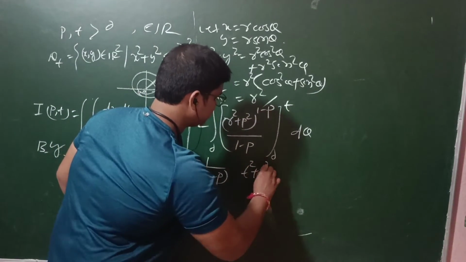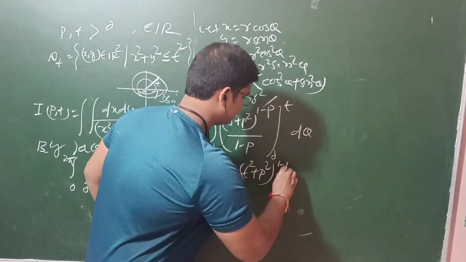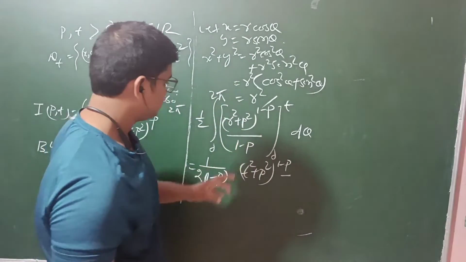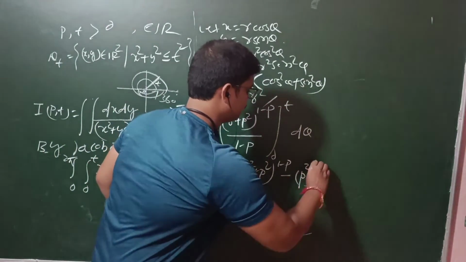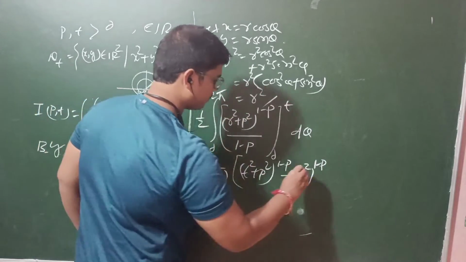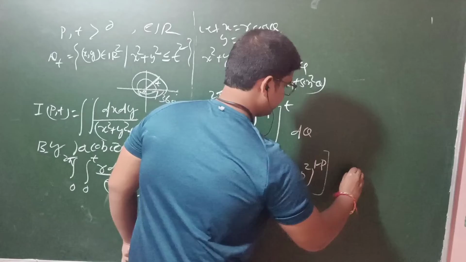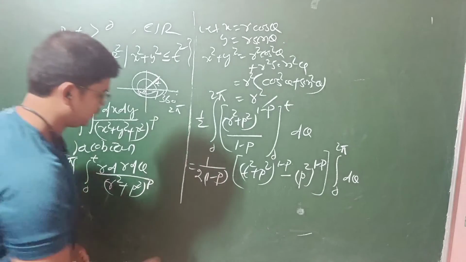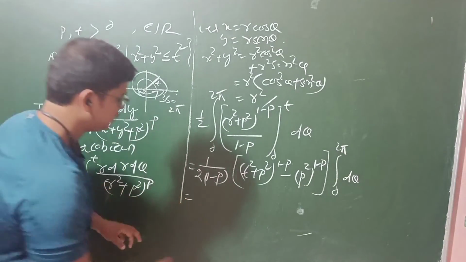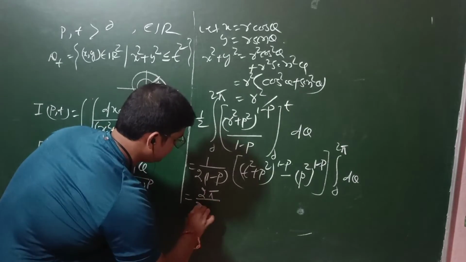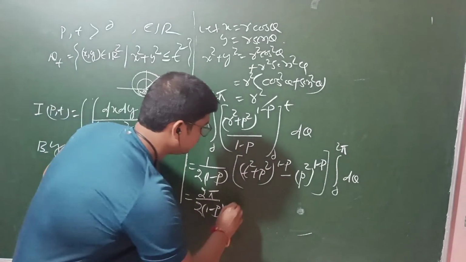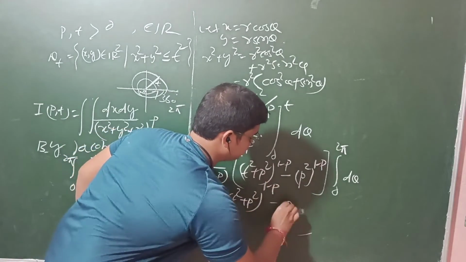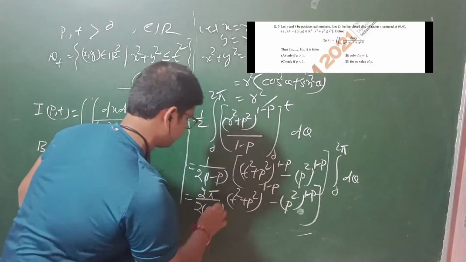Put t, then it's t square plus p square whole to the power 1 minus p minus p square whole to the power 1 minus p, into d theta from 0 to 2 pi. Now equal to 2 pi by 2 into 1 minus p into t square plus p square to the power 1 minus p minus p square to the power 1 minus p.